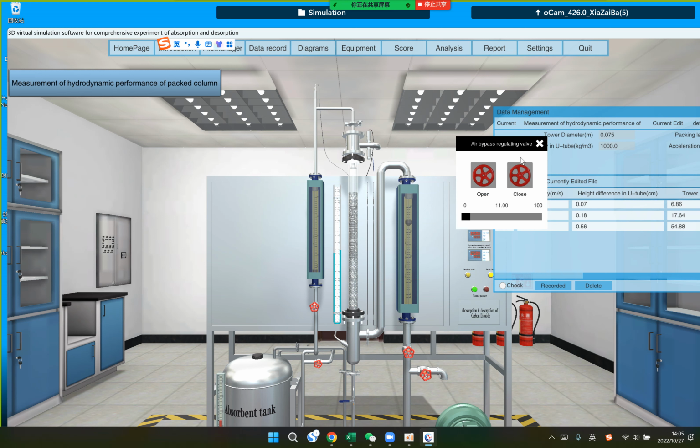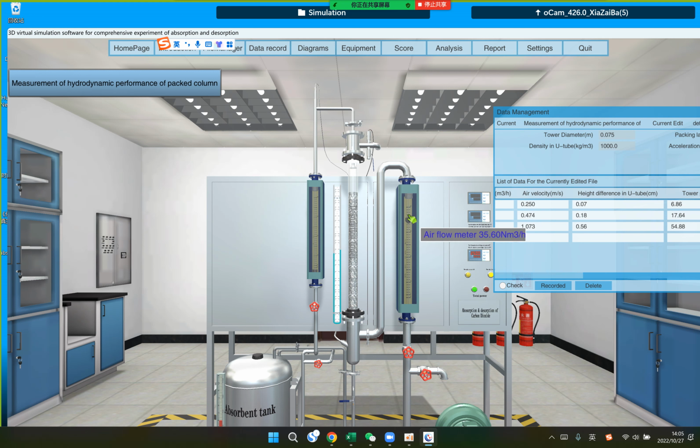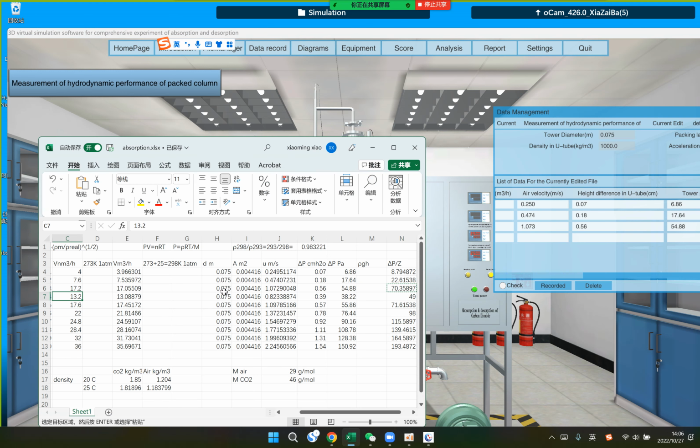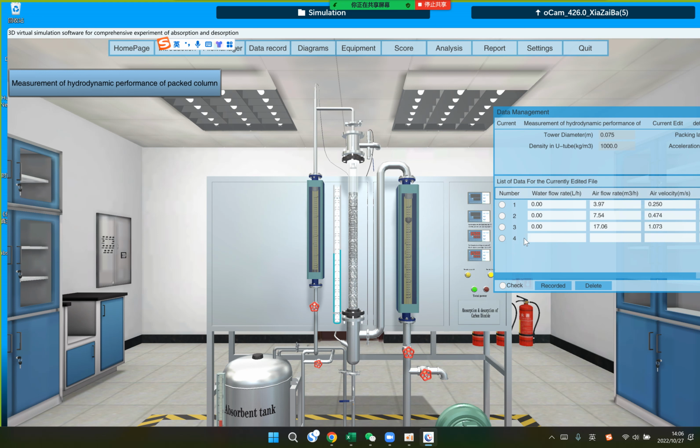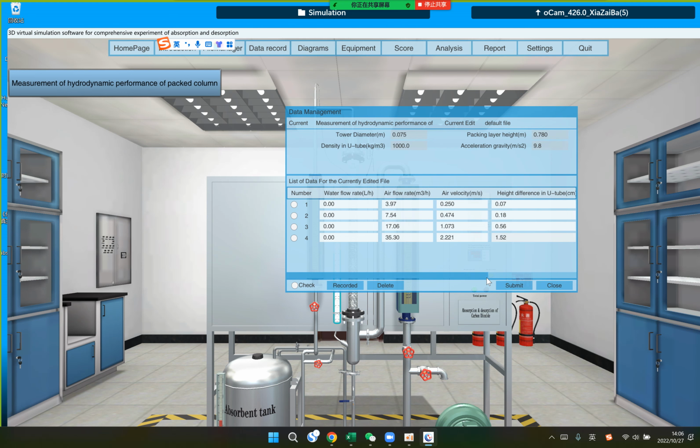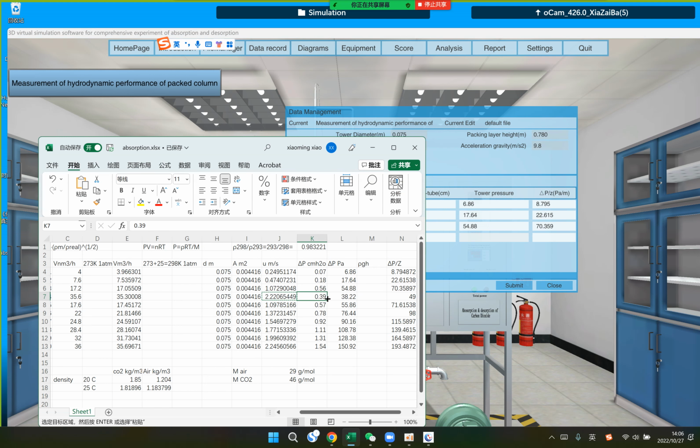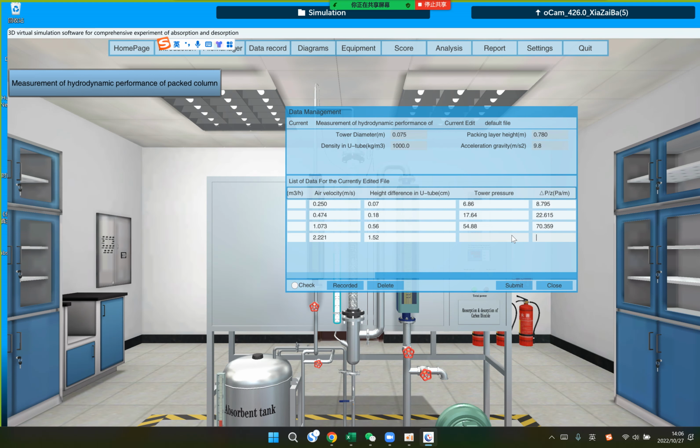For this part, the standard flow rate for the air is 35.6, so the real one should be under zero liquid loading, and the air velocity here is 2.22, and the pressure difference is 1.52. And then this one.